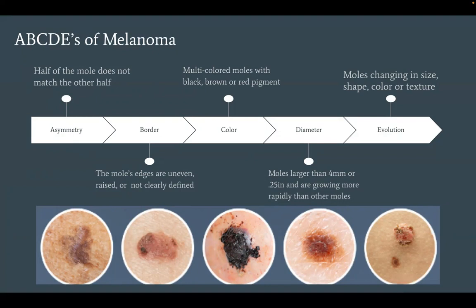For diameter, moles that are larger than 4 millimeters or 0.25 inches and are growing more rapidly than other moles on your body. And lastly, evolution. If you notice that there's a spot on your skin, but then over weeks, months, years, you notice that mole starts changing in size, shape, color, or texture, that is a giveaway sign that that area is potentially a skin cancer.